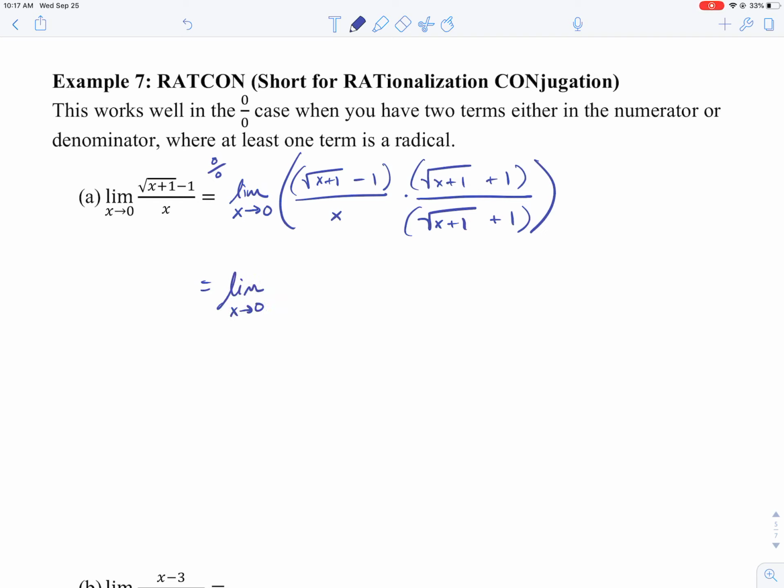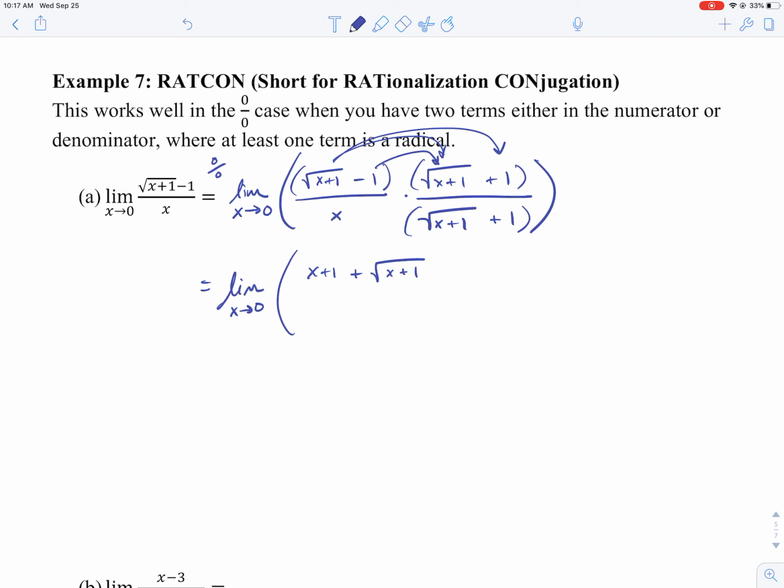So when you multiply this out, root x plus 1 times root x plus 1 is just x plus 1. Then 1 times root x plus 1. I'll write it out for this first one, but I'm going to skip this step for the next ones. So we'll have 1 times root x plus 1 is root x plus 1.